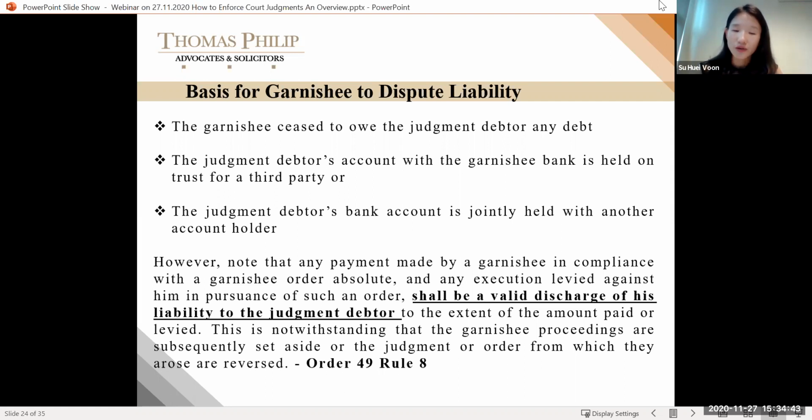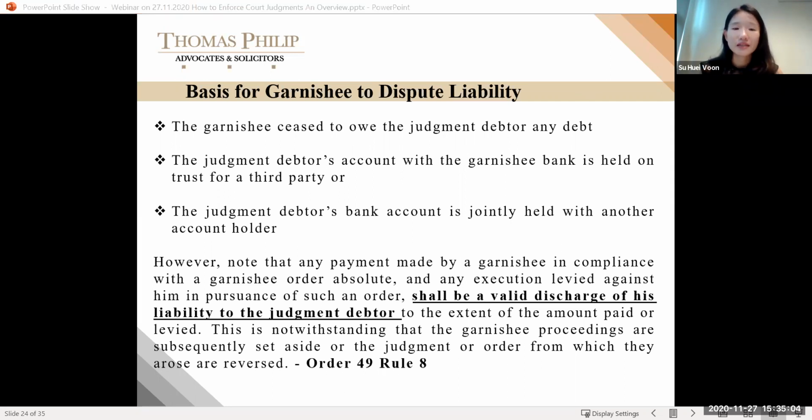But the caveat, as found in Order 49 Rule 8, is that if the Garnishee does act pursuant to an order absolute, this is a valid discharge of its liability to the judgment debtor to the extent of the amount paid.